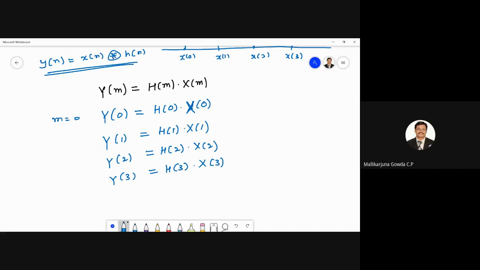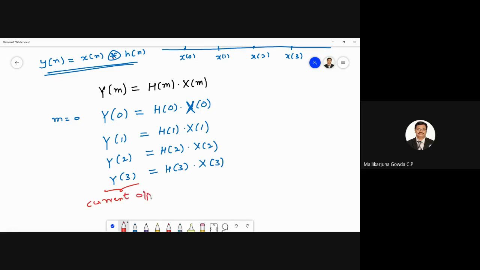So this is the current output: y of 0, y of 1, y of 2, y of 3 are the current output.